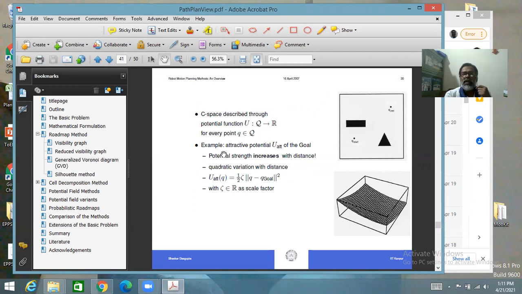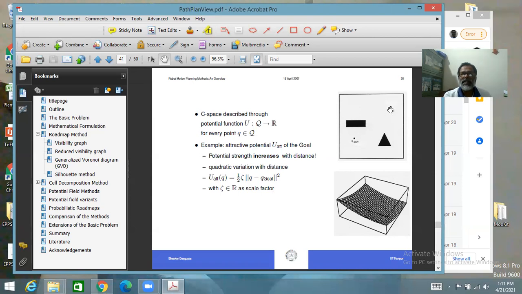Now take an example of an attractive potential for this, okay, which is something like half xi times (Q minus Q goal) squared. So you see, it is not an inverse square law. It is simply square law. Okay. So this gives you a paraboloidal shape of the potential function.